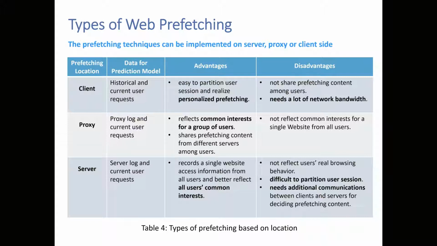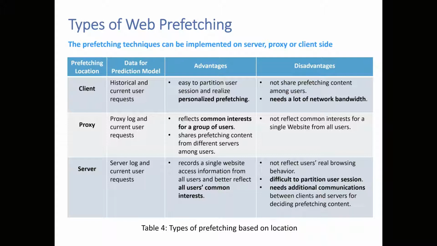Table 4 in the paper summarizes the types of prefetching according to location. The client-based prefetching concentrates on the navigation patterns of a single user across many web servers. The proxy-based prefetching focuses on a group of users, also across many web servers.